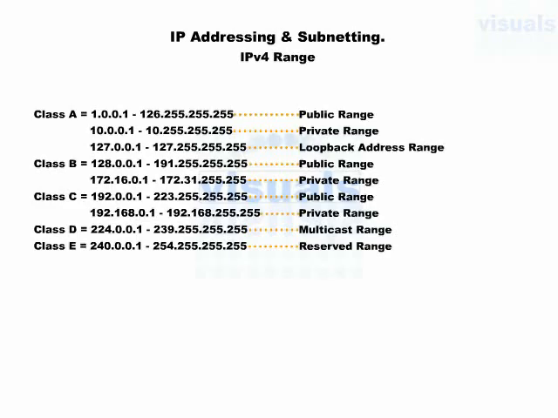At the top here is the public address range. The public address range is used for the internet. You can see class A, then class B, and then class C. These public IP addresses are used for the internet.